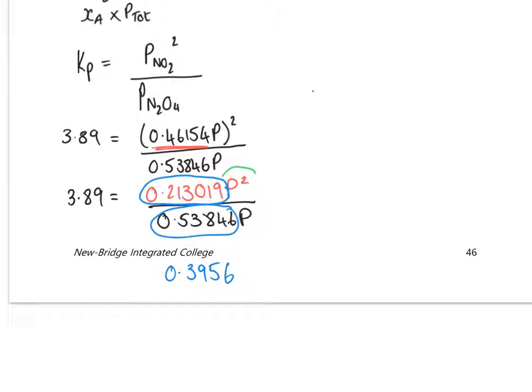So I've got P squared divided by P. You can imagine that has an indice of 1 to the power of 1. And when I'm dividing indices, just like we do with our units, we take them away from each other. So 2 minus 1 is 1, so it's just 0.3956 P. So P squared divided by P is just P. And again, that's equal to 3.89.